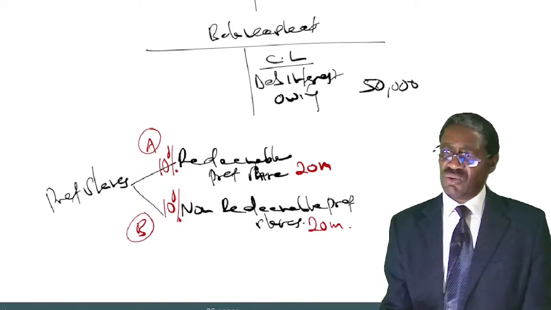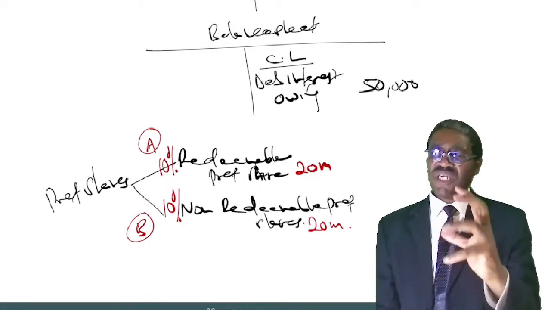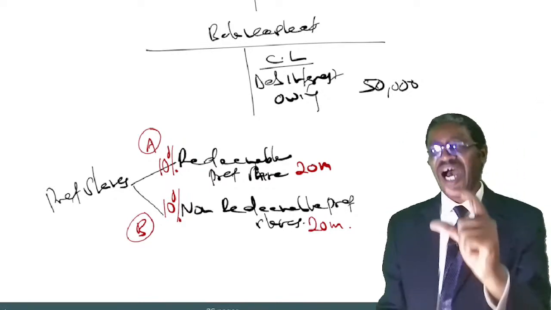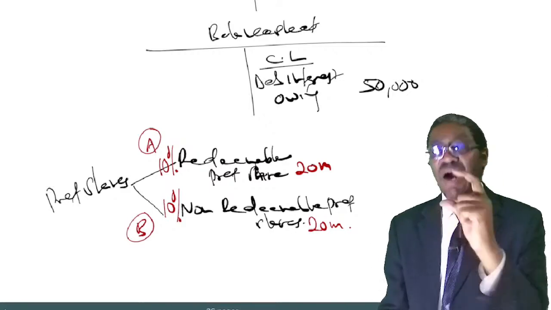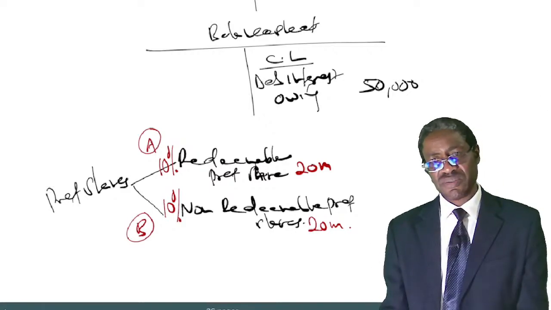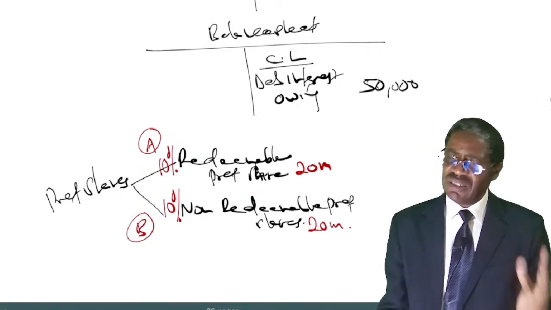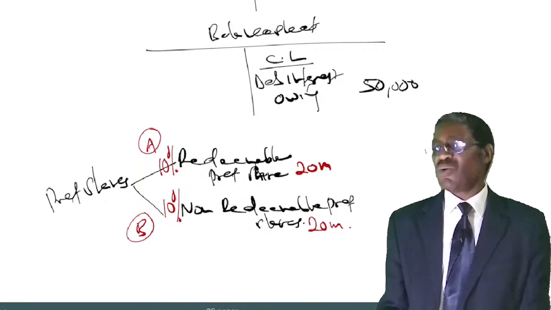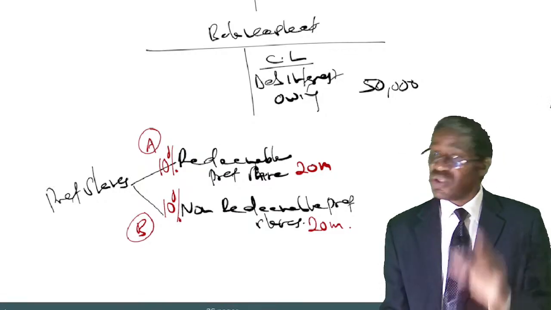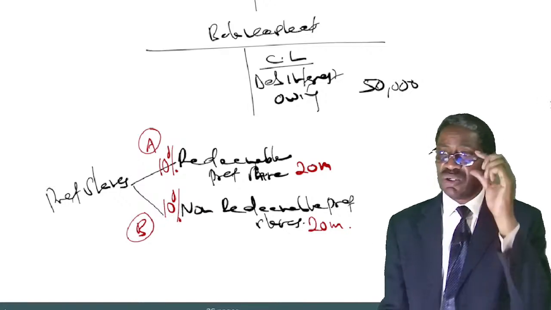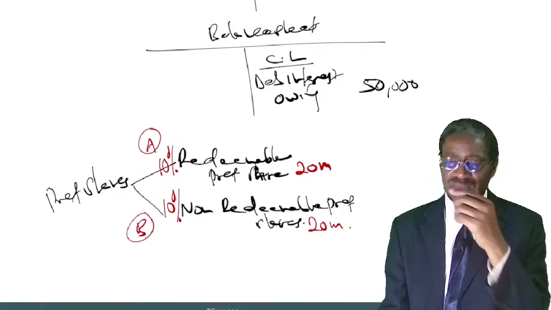10 years ago, your company A wanted to raise finances. So they issued a 10% redeemable preference shares. Company B again, 10 years ago, wanted to raise finance. So they issued a 10% non-redeemable preference shares.